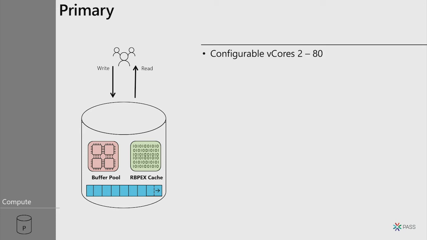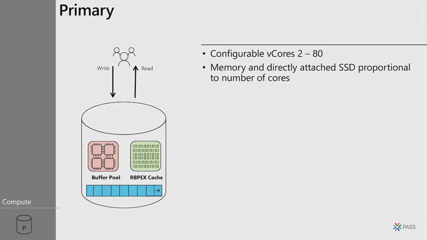So the primary can scale up from 2 to 80 cores, configurable. As for Azure SingleDB, we've just previewed the M128. It's just a matter of time before some of the tiers that come in Azure SQL DB will also come in Hyperscale, right? So the memory and SSD are proportional to the cores.